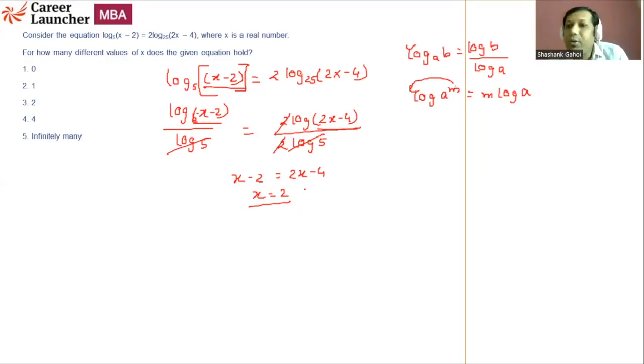So whenever you are going to solve a question of log, if you are going to get some value, just put it in the original equation and see whether it is contradicting any condition or not. If it does, then it is not an acceptable value. So in this case, my answer of this question is going to be option 1, that's 0.